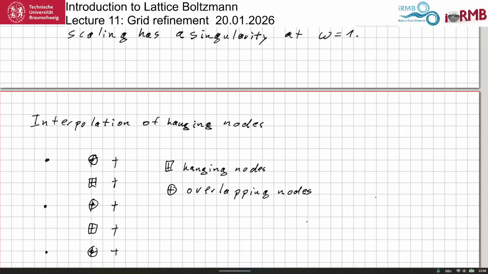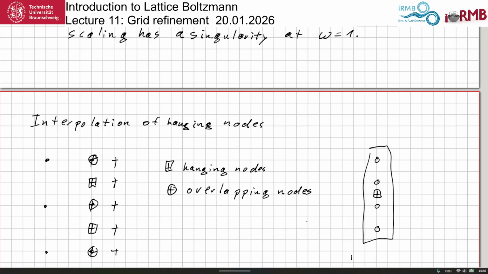So the thing then looks like this. Say this is where you want to go, this is where your information is, and this is where your information is coming from. So this is your stencil.